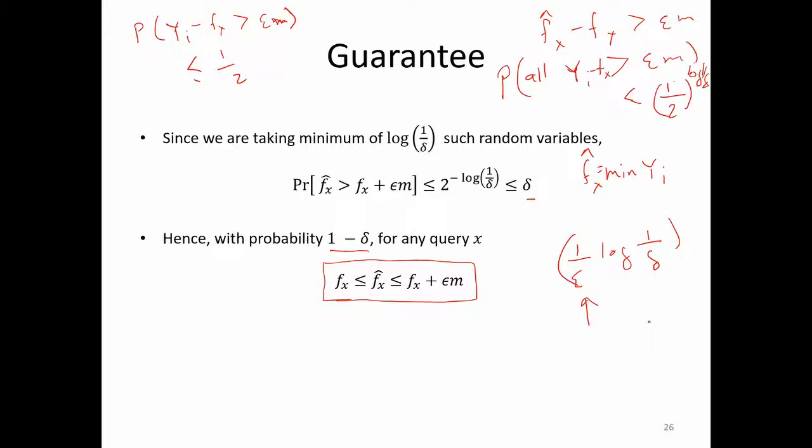Another thing is, remember, the counter-based algorithms were all non-randomized. This is a randomized algorithm, and the randomness is in the hash functions. So the hash functions are what is making this algorithm random. Hence, sometimes with a small probability delta, we will violate these bounds.